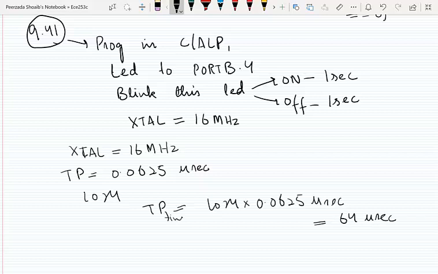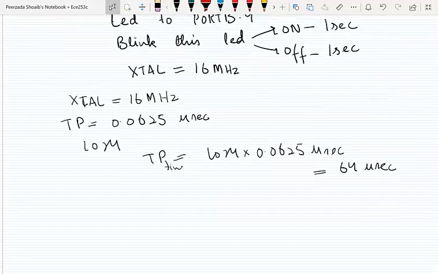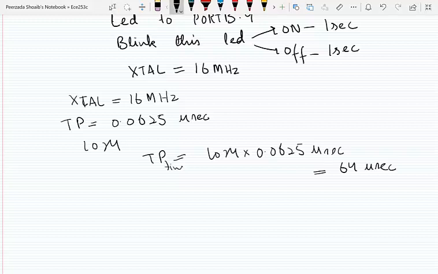So what is the maximum time delay we can get using timer 0? Since that's an 8-bit timer, the maximum time delay will be 256 multiplied by 64 microseconds.